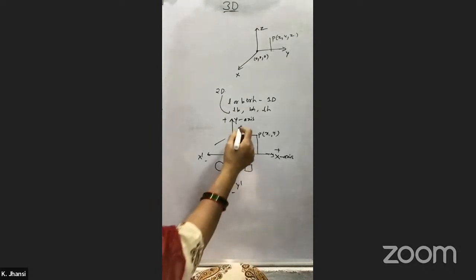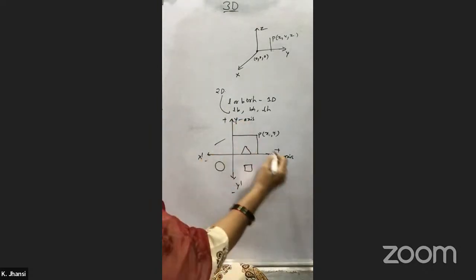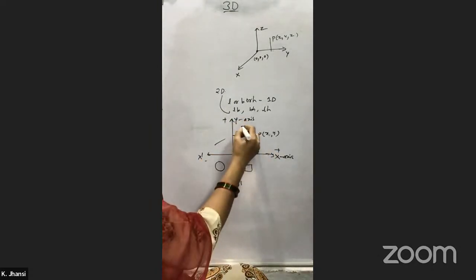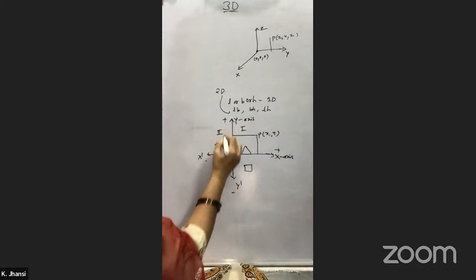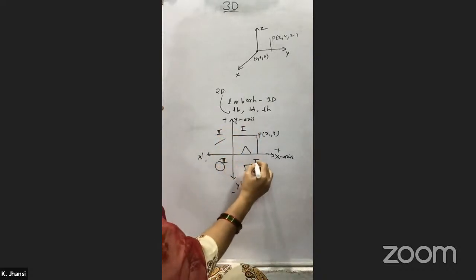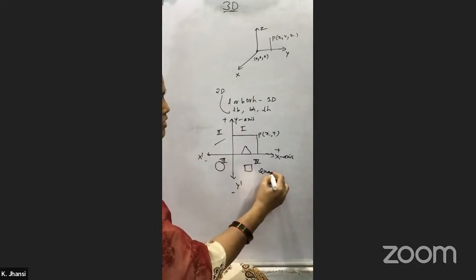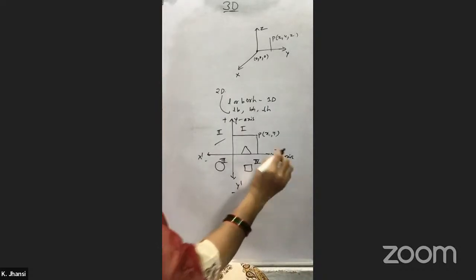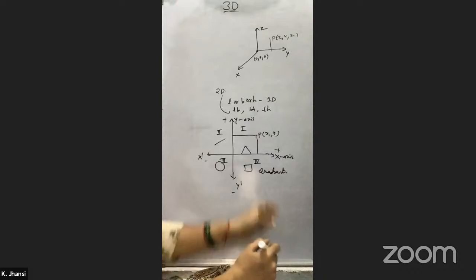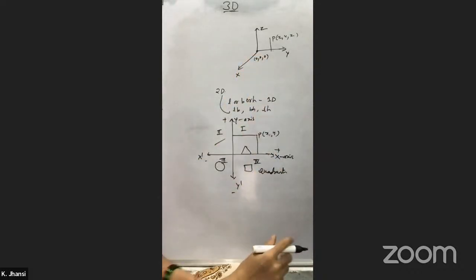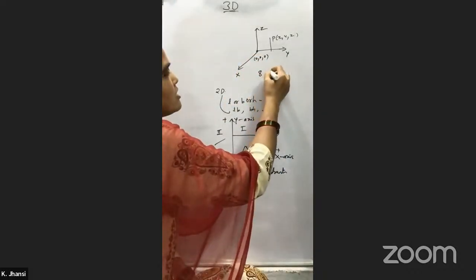And one more thing is, in 2D these two axes divide the plane into 4 quadrants, 1, 2, 3 and 4. You have studied it. Okay, 4 quadrants, whereas in 3D it is divided into 8 octants.